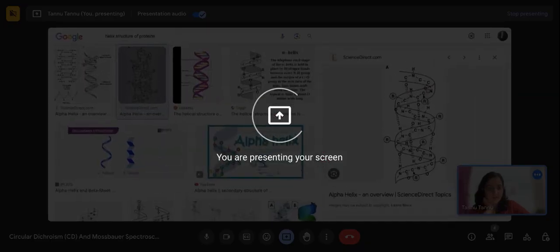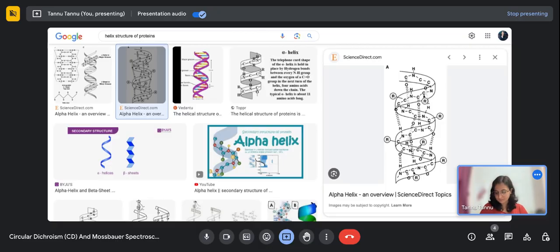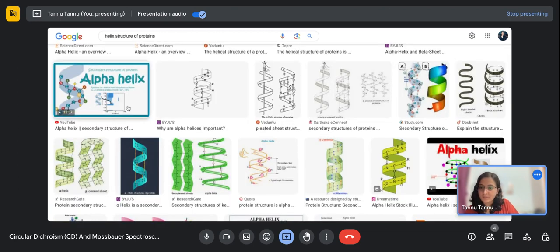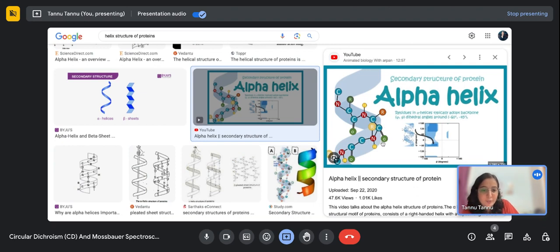So here you can see there are hydrogen bondings between this C double bond O carbonyl group and this amine group, that is NH. So because of the hydrogen bond between the oxygen of carbonyl group and hydrogen of amine group, the alpha helix structure of this protein is stabilized. Okay, so this is the hydrogen bonding which is present in the molecule which stabilizes it.